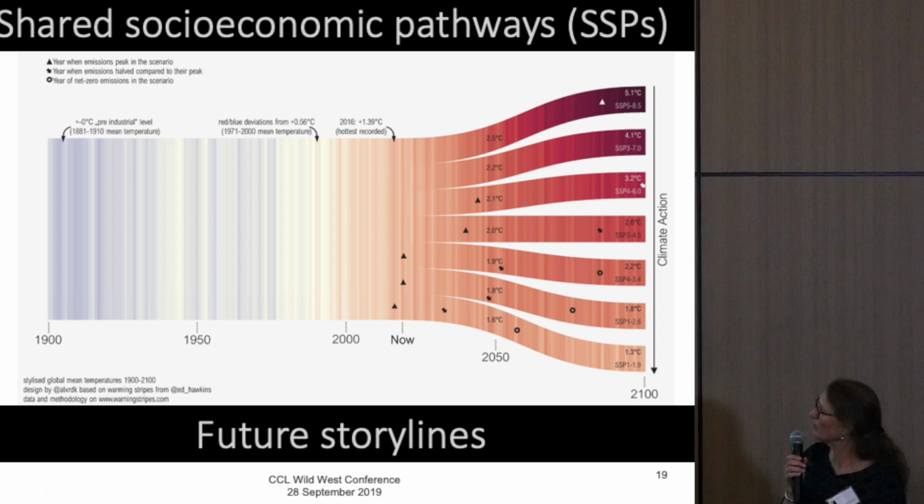Now, these are all different pathways based on those SSPs and RCPs, those storylines that I pointed out. But the thing I want you to notice on this is those little triangles. Those are the peak emissions. And so for the bottommost strand of this little figure, where it says 1.3 degrees C warming that we're committed to, we'd already have had to have peak emissions.